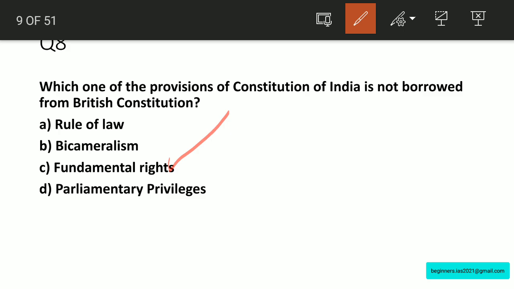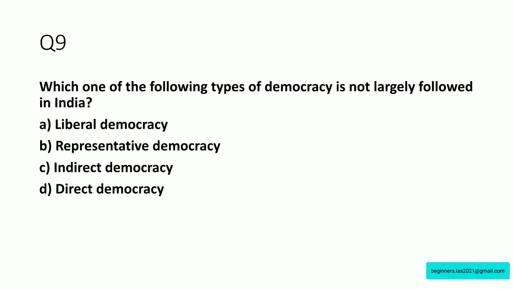Also, one has to note what we have borrowed from the British Constitution. What are they? Parliamentary government, legislative procedure and single citizenship, cabinet system and prerogative writs. So these are the things we have borrowed from the British Constitution. Okay, so let us move on with question number 9.